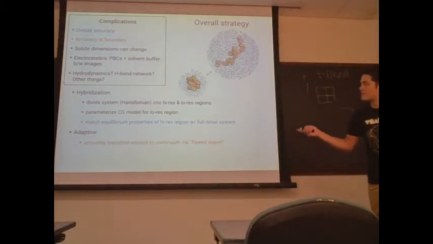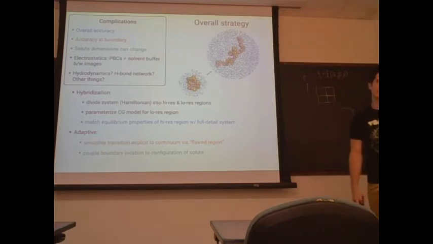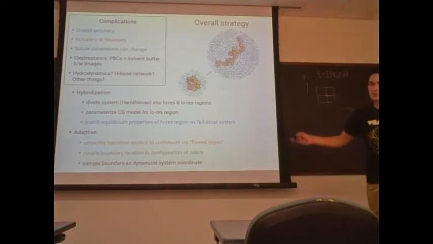You'd probably have to do different things in your stitching if you wanted to deal with hydrodynamics or something much more complicated. Okay, and then you just allow your solute to dictate how much solvent you have around. And so now this boundary, which can fluctuate, is a new dynamical variable.